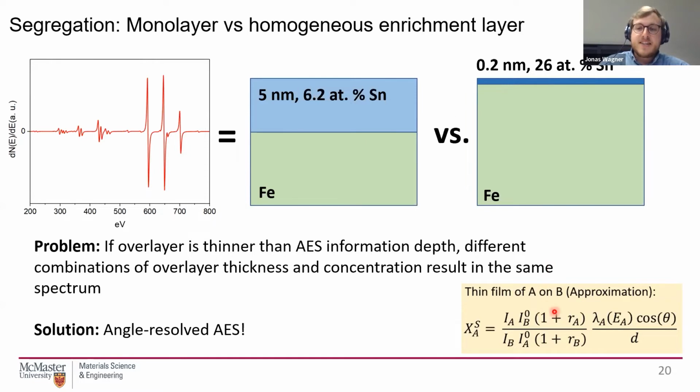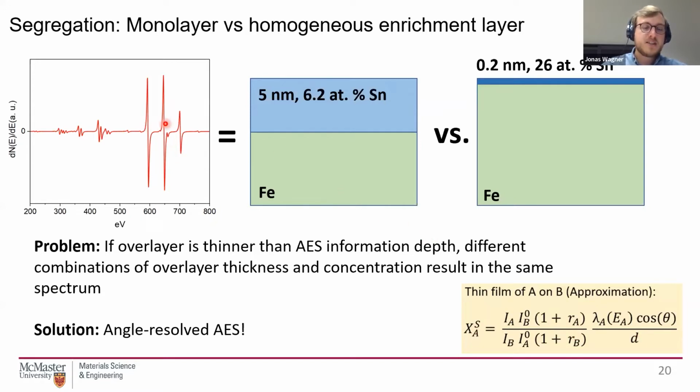And as I explained before, the connection between the composition and the intensity is not unique anymore. That means different combinations of concentration and thickness will produce the same spectrum.